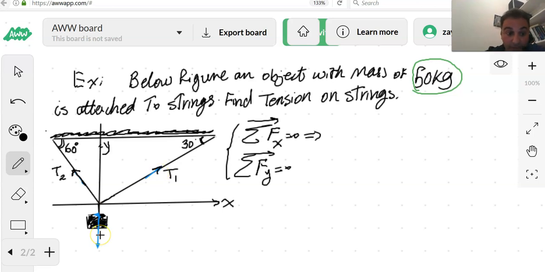We did it. So this is mg, this is tension 1, this is tension 2, and we see tension 1 makes an angle and tension 2 also makes an angle. So guys, if this is 30 degrees, by geometry this angle is also 30 degrees, and if this is 60 degrees, this angle is also 60 degrees.